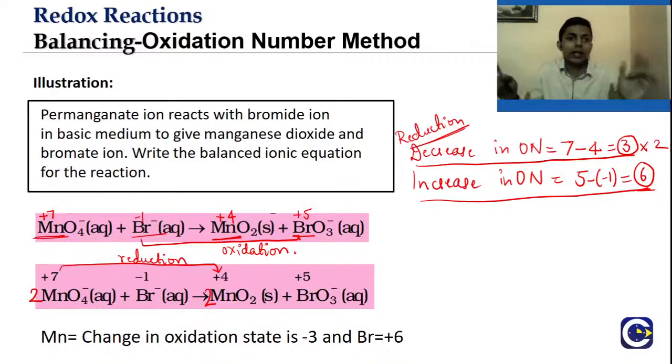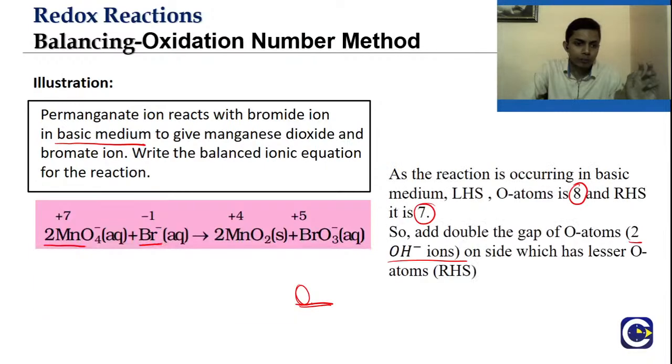That kind of question may come. So it will be 6. Clear? Or it can go further in depth, where they may ask how many hydroxide ions are required to balance.